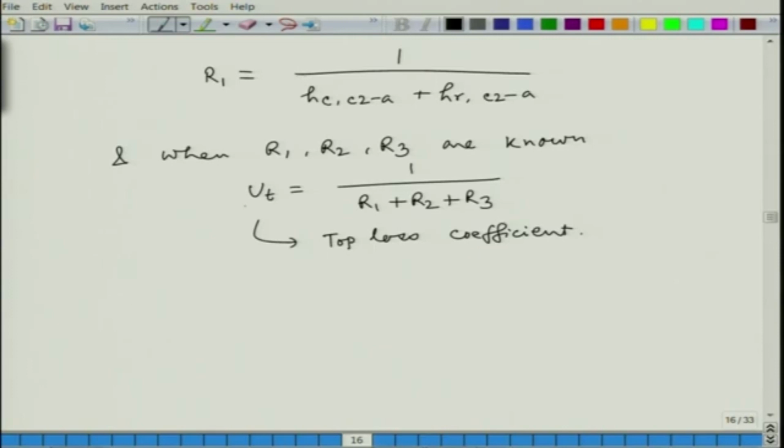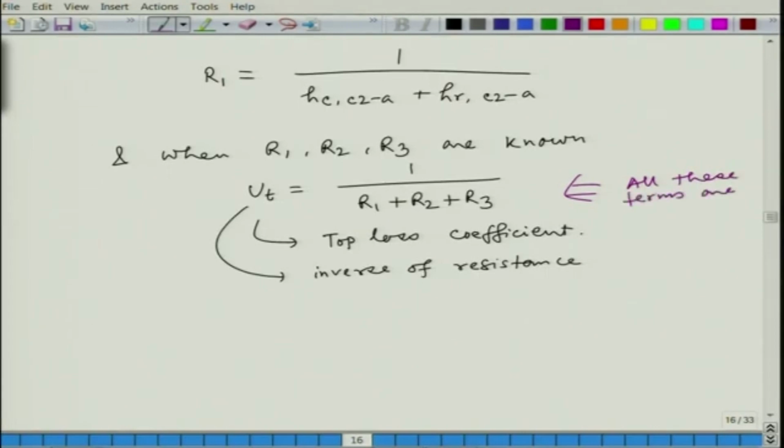Okay. And this is what? This is inverse of resistance. Okay. This is equivalent to the heat transfer coefficient. And one thing you note here, that all these analysis, all these terms are per unit area of the absorber plate.